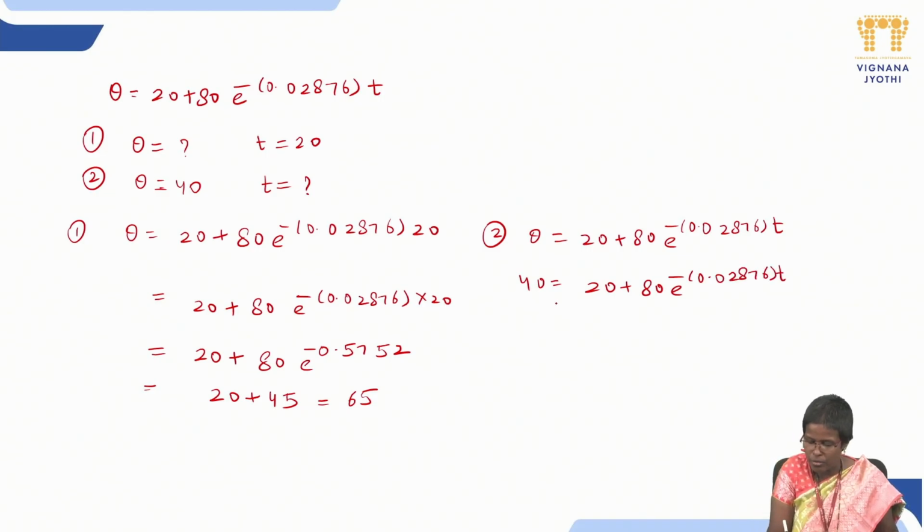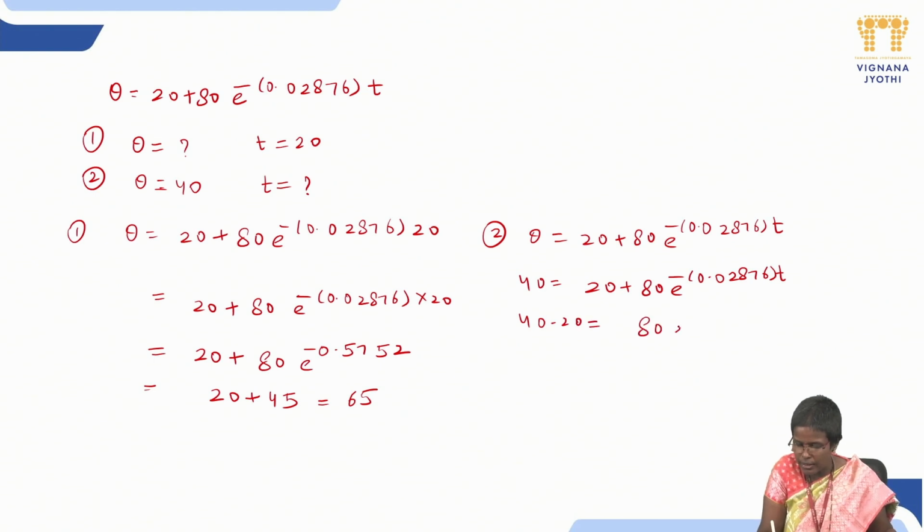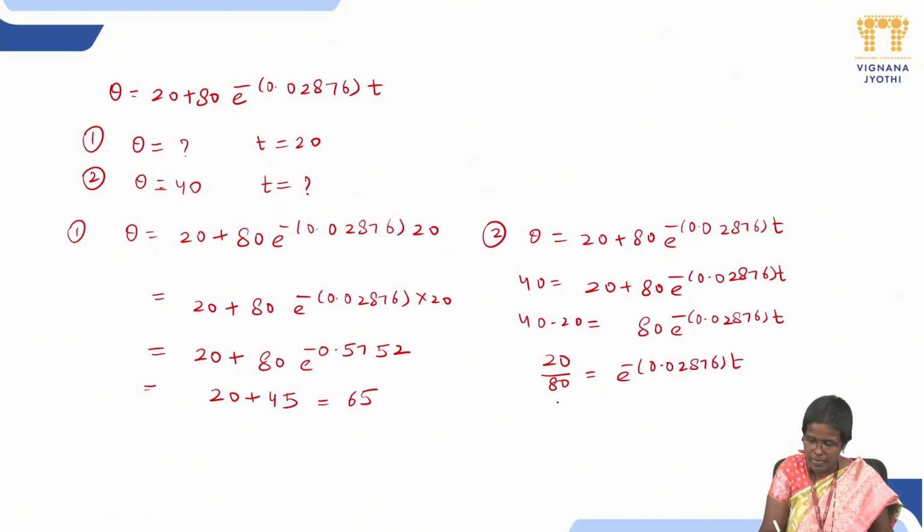If you bring this 20 to this side, 40 minus 20 equals 80 into e power of minus 0.02876 into t. Bringing the 80 to this side, 20 by 80, nothing but 1 by 4, which is 0.25, equals e power of minus 0.02876 into t.